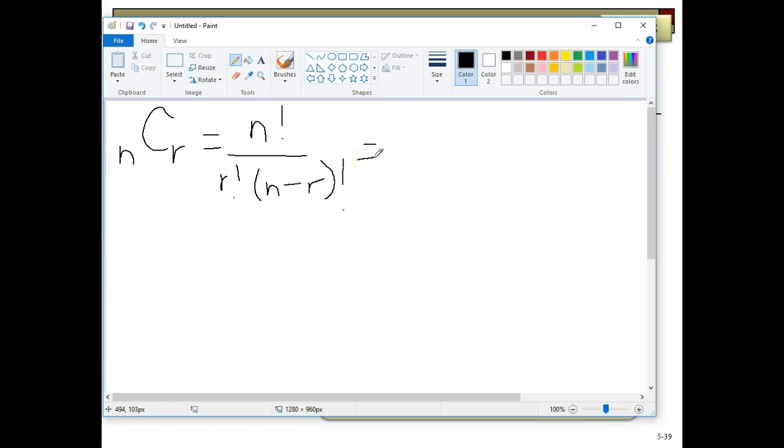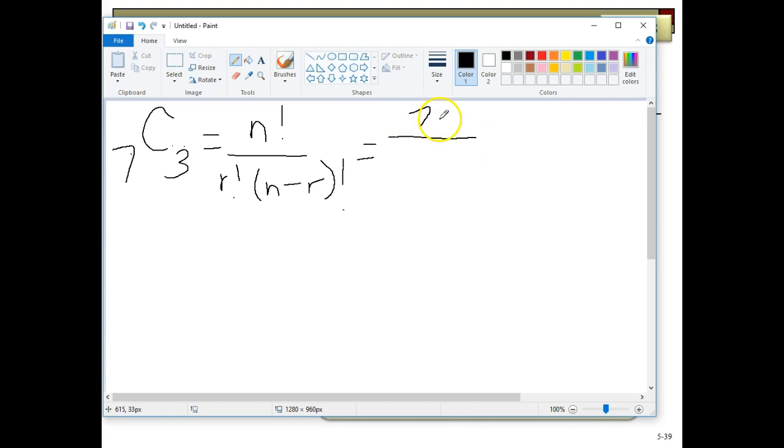So all we're going to do is replace our N value and our R value. N is our total, 7, and R is 3, the number we've selected. So now we can just go through and replace it.